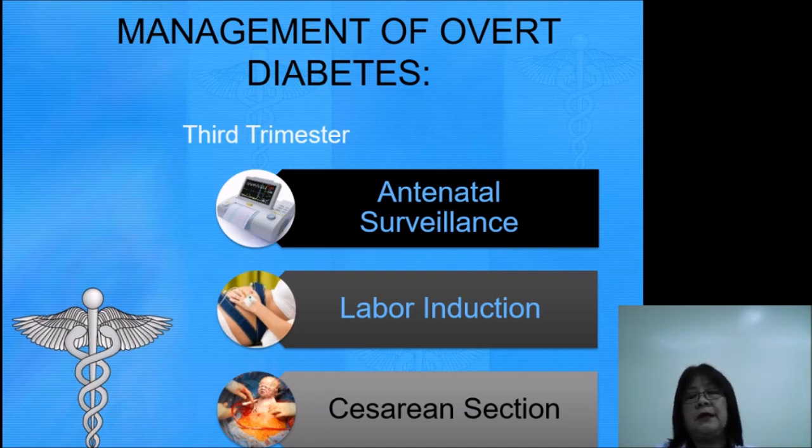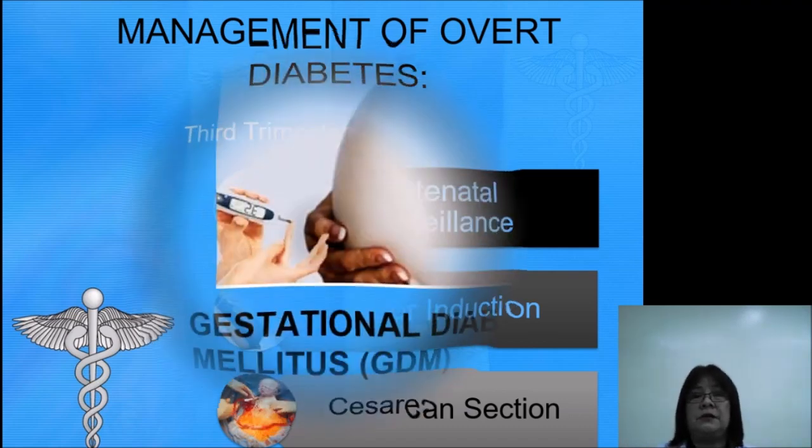And what are those antenatal surveillance tests that you remember? We have our biophysical scoring and non-stress tests. We have our Doppler. If you are considering intrauterine growth restriction, you can advise your mother to do fetal kick count. And then later on, you can either induce labor or do cesarean section if there are obstetrical indications.